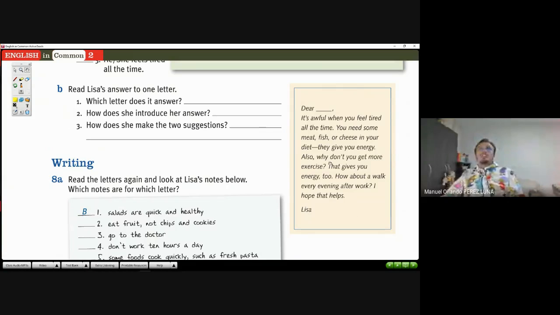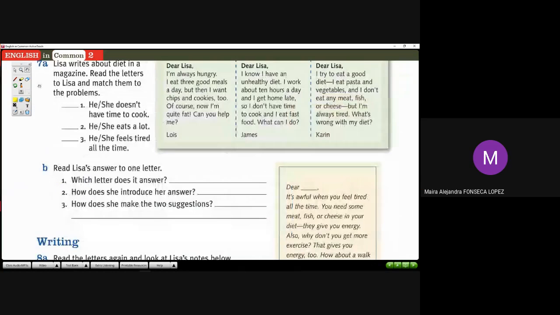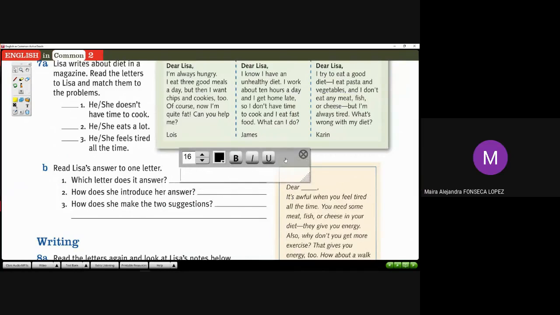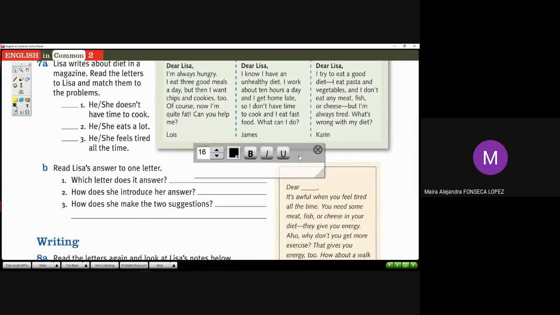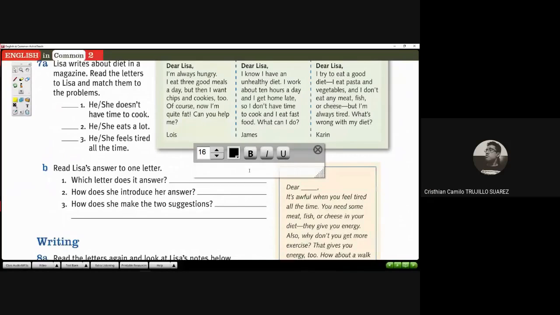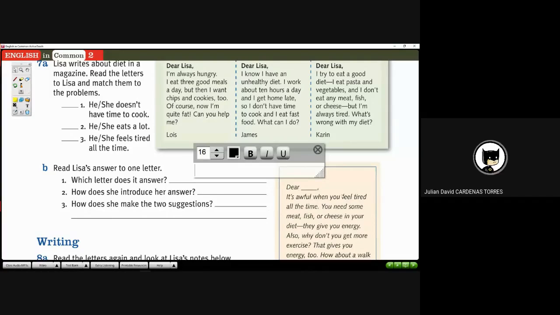Who is this letter to? Who is this letter for? For Luis, for James, or for Karen? For James? Are you sure? No, it is not for James. Pay attention to this. It is awful when you feel tired.